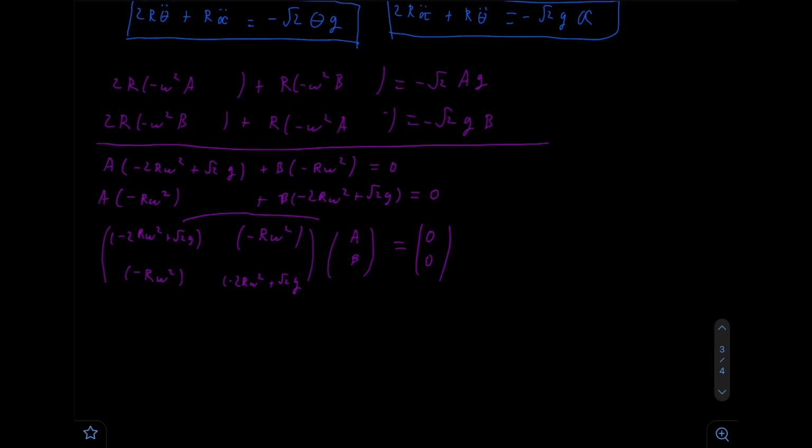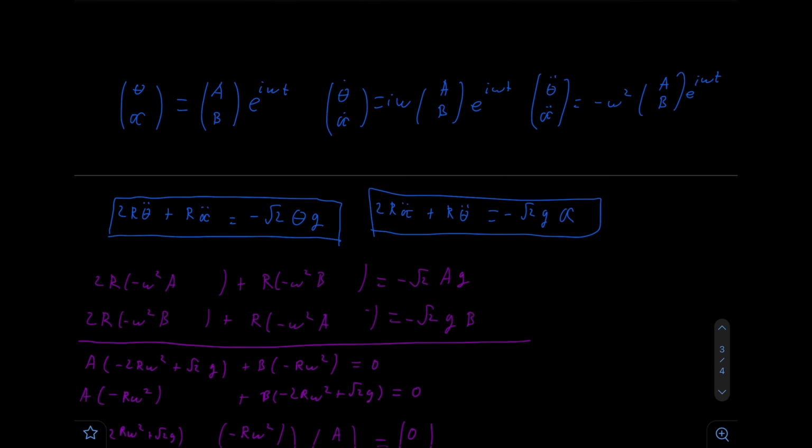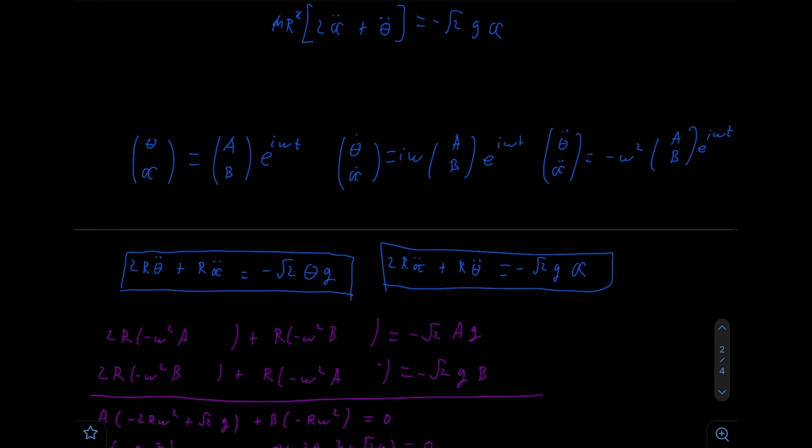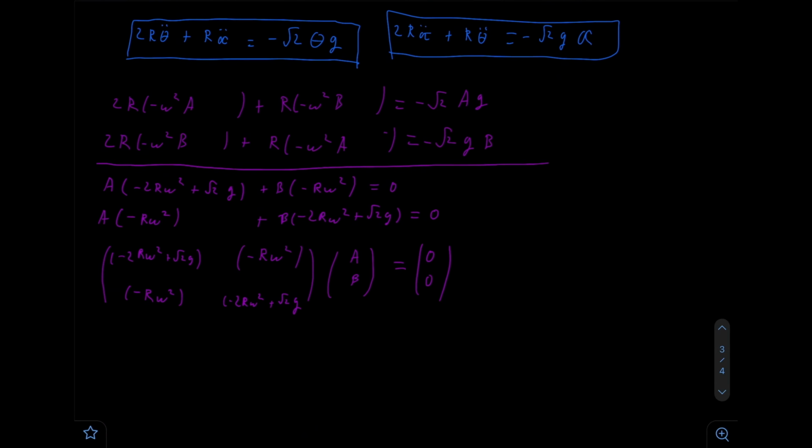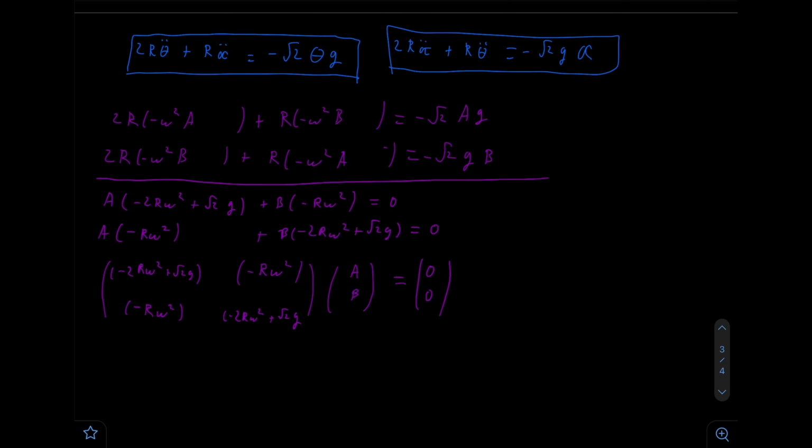Right, because you multiply this by this plus this times this, and that equals the top 0, and then the other one. So this is the same thing, but now we can use our linear algebra knowledge and say that for A and B, we want a non-trivial solution, because if they're 0, then that just means theta and alpha are 0, which is not a solution.